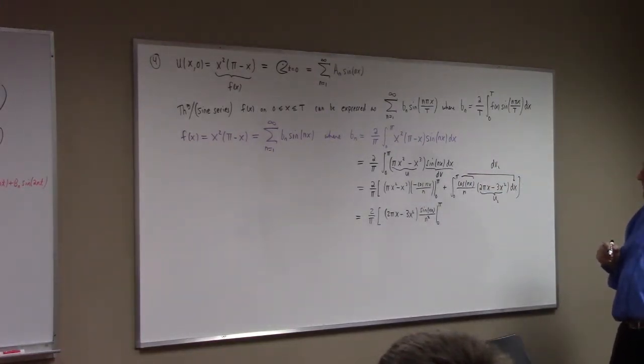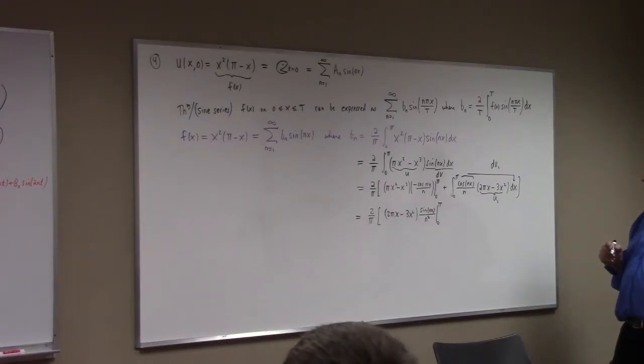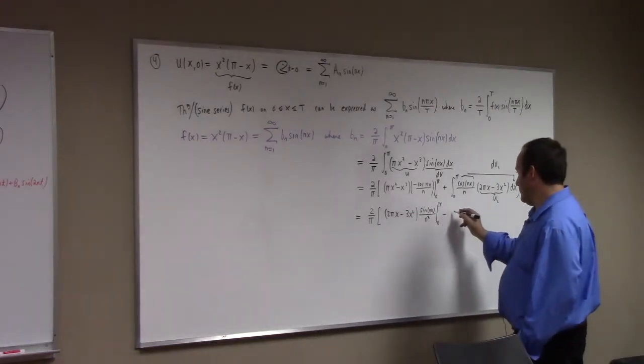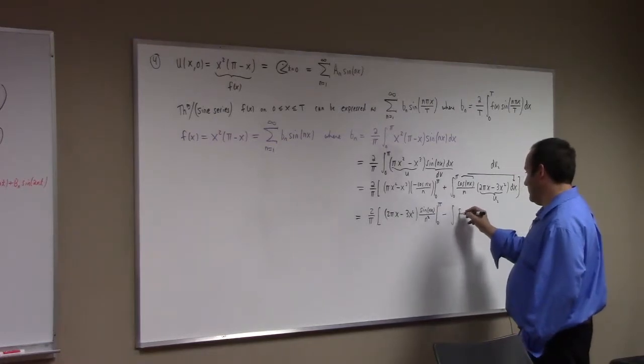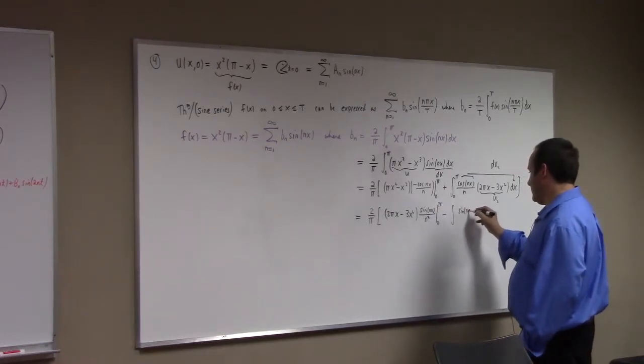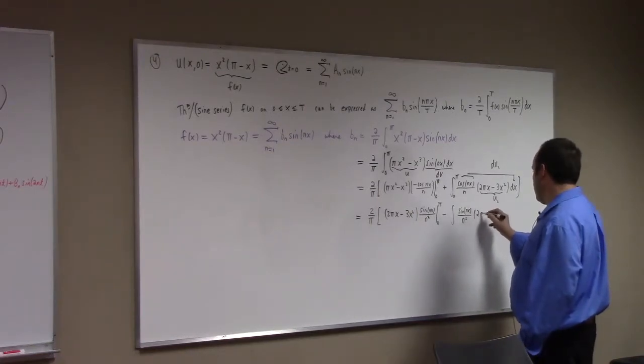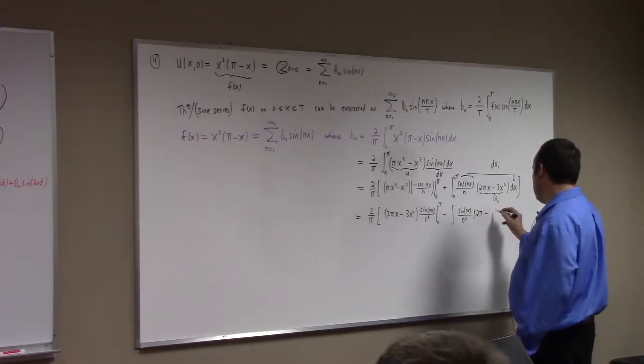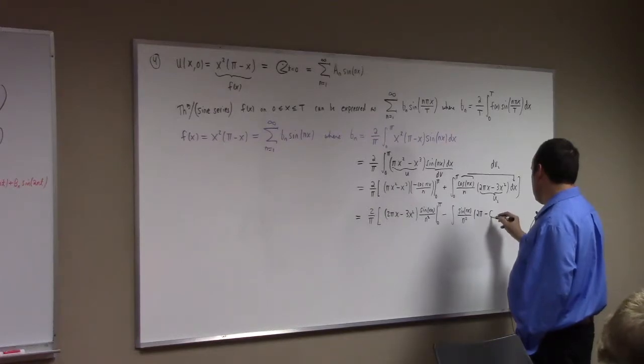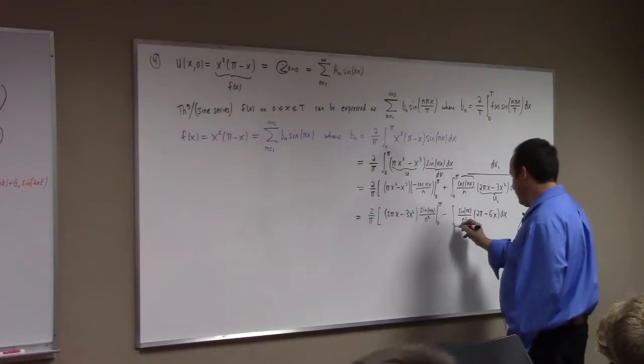Well, that's 0. Cool. Minus the integral of sine nx over n squared times 2 pi minus 6x dx from 0 to pi.